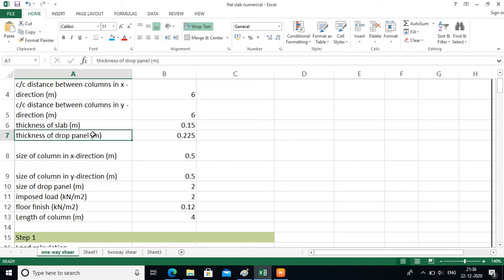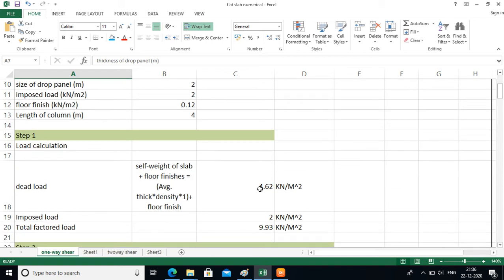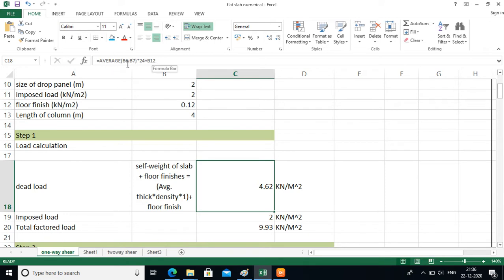So the average thickness of these two I have taken for the calculation. In column C we can see I have put in the formula for that: the average of thickness of slab plus thickness of drop, into 24, which is the density. And the floor finish load we have is 0.12.